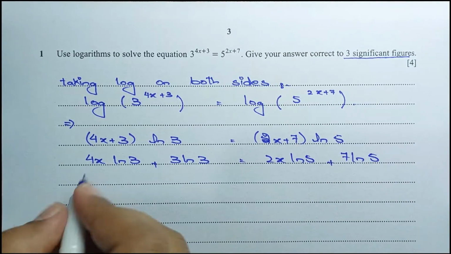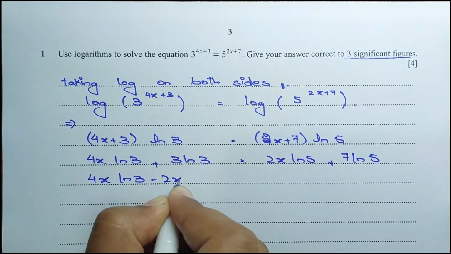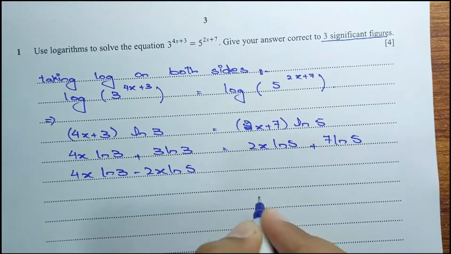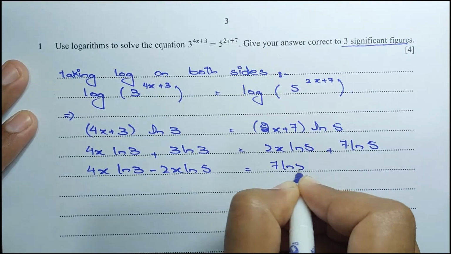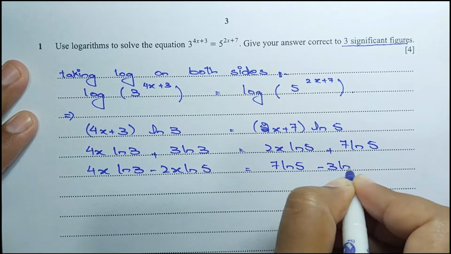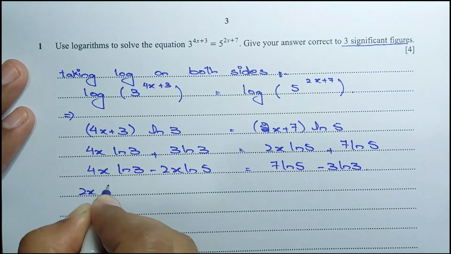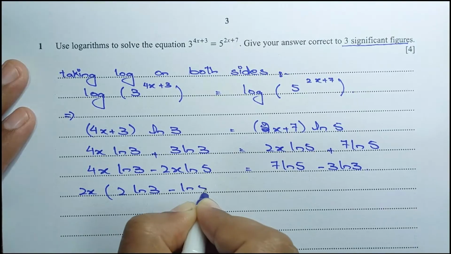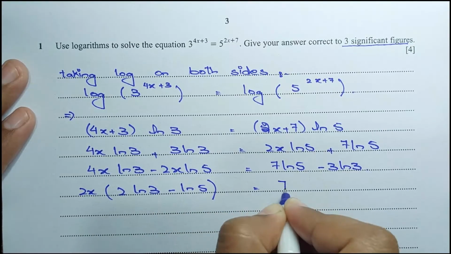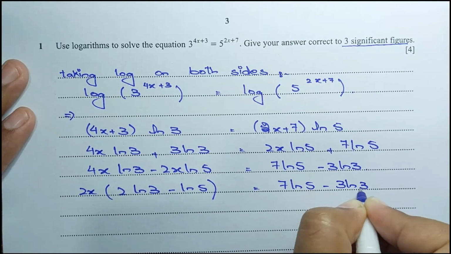Let me combine the x terms: 4x ln 3 minus 2x ln 5, and the constant terms on the other side, 7 ln 5 minus 3 ln 3.